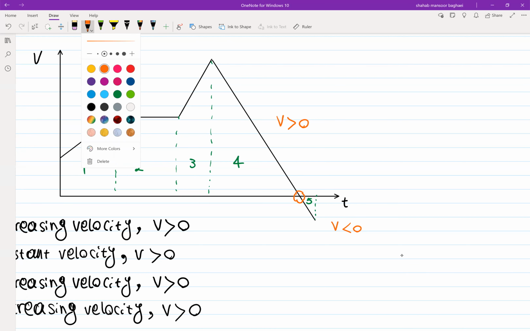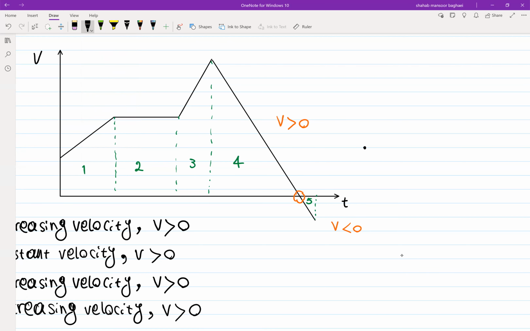Here, if your particle is going to the right and positive is to the right, then at first you have positive velocity because it's to the right. But finally, your particle will go to the left, which means you have negative velocity because it's to the left. It is opposite to the positive sign. Of course, that's negative.